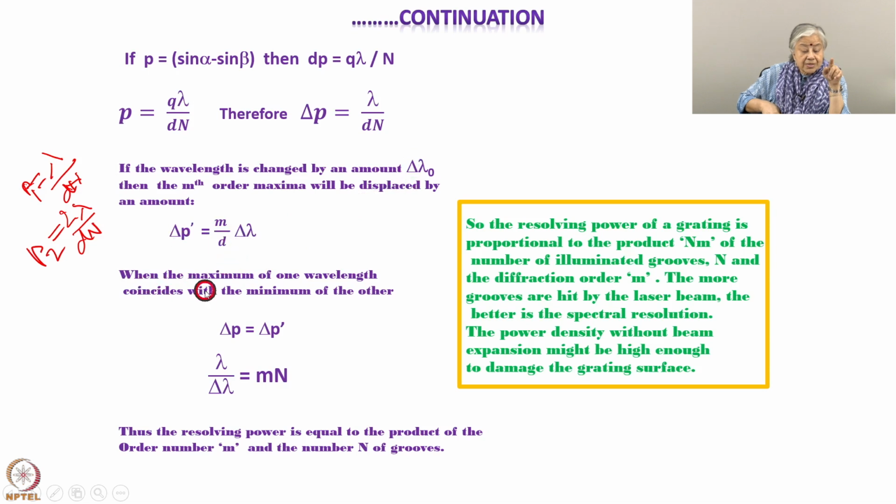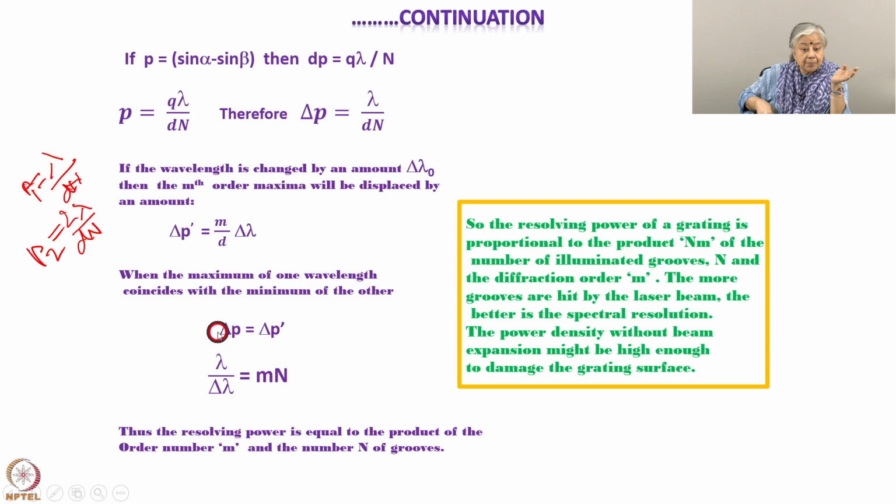So when does the maximum of one wavelength coincide with the minimum of the other? When delta p is equal to delta p dash. Just think about it. Obviously, that is what I told you pictorially in that graph, and now I am just writing it down in a few mathematical terms.